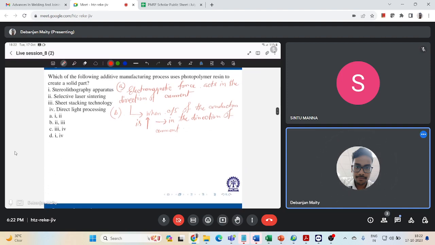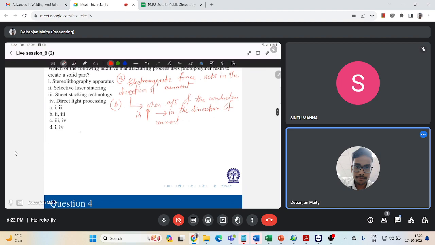So your gravitational force is greater than the surface tension force, right?